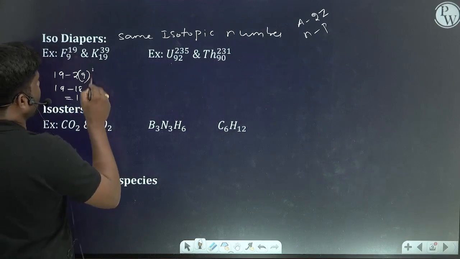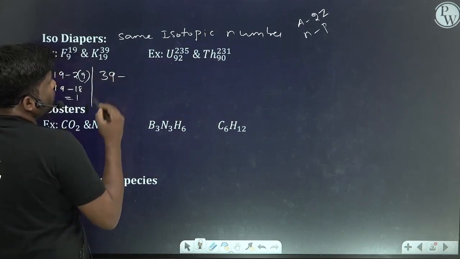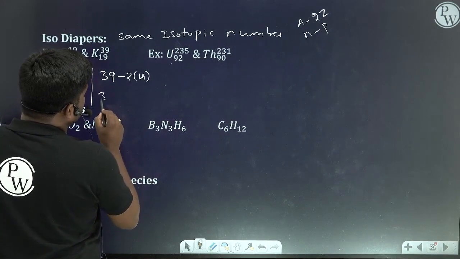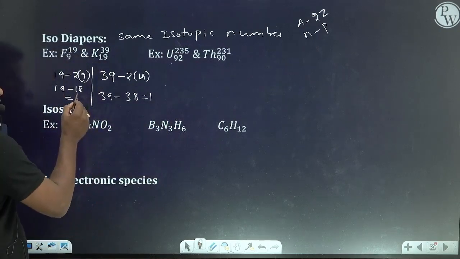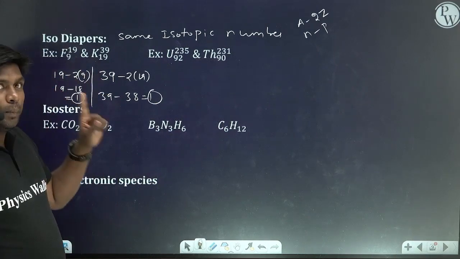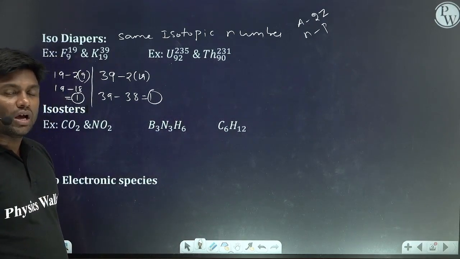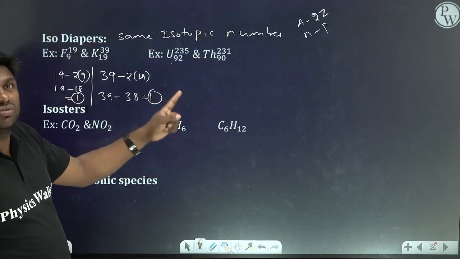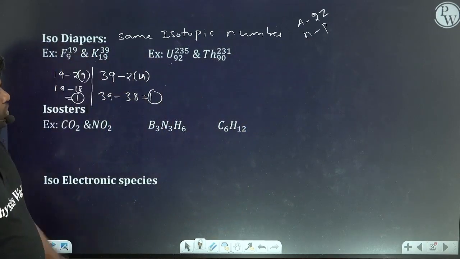In this case. Here also A minus 2Z. A is 39. 2Z means 2 into 19, which is 38. 39 minus 38 is equal to how much? 1 again. If A minus 2Z value is same, then these are what? Isodiaphers. Neutrons minus protons or A minus 2Z value is called isotopic number. Any elements having same isotopic number, that pair is called isodiaphers.